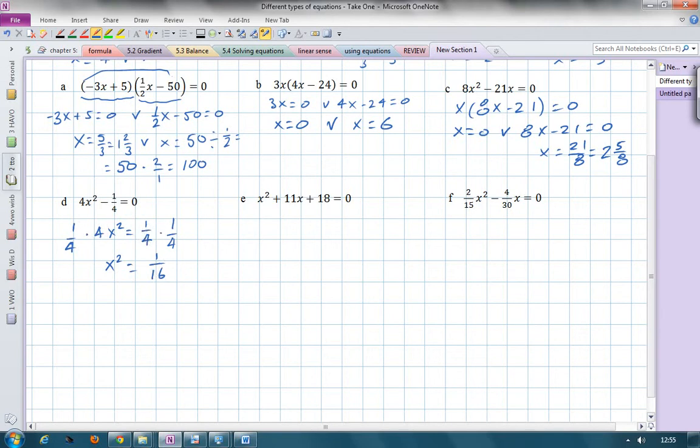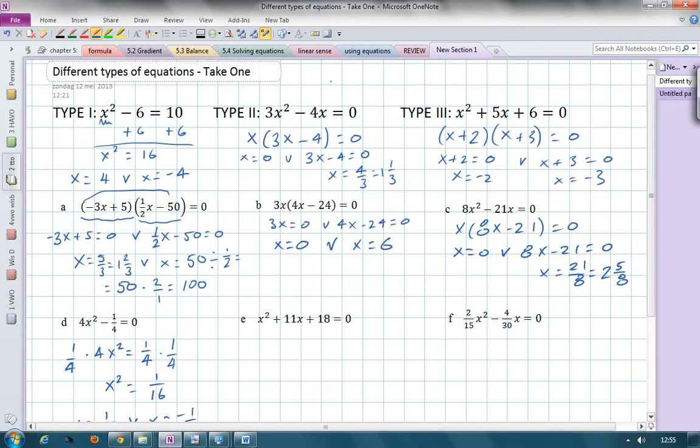And again here we take the square root, and that will give us x is equal to a fourth, or x is equal to minus a fourth. Don't forget that. Because indeed, minus a fourth squared is 1/16. 4 times a 16th is a fourth, minus a fourth is 0. That's a solution. We then have E. E is a type 3 equation.